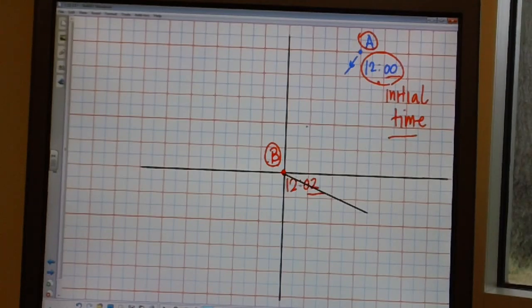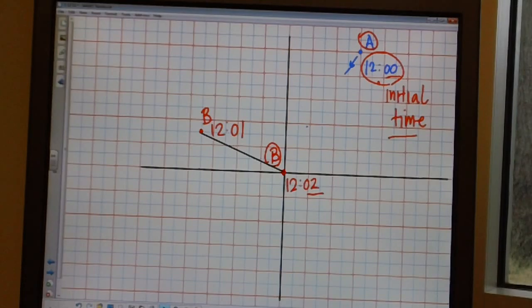This represents the velocity vector of ship B. All right, and so then I can use this velocity vector and back the ship up 2 times. Every 1 minute, the ship travels this distance. So at 12:01, ship B was 7 back from the origin and 3 up from the origin.